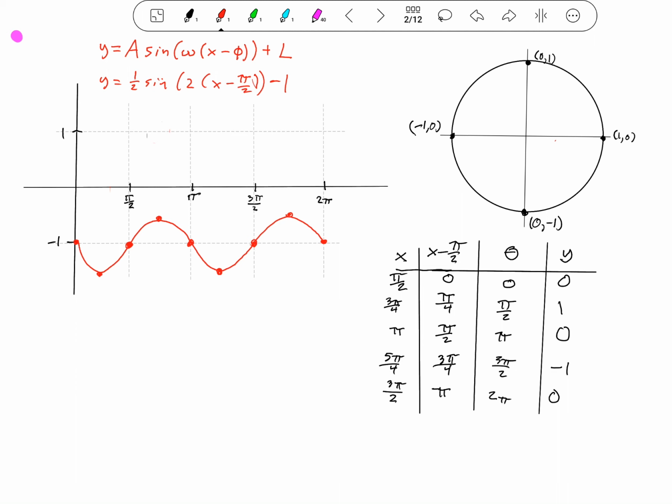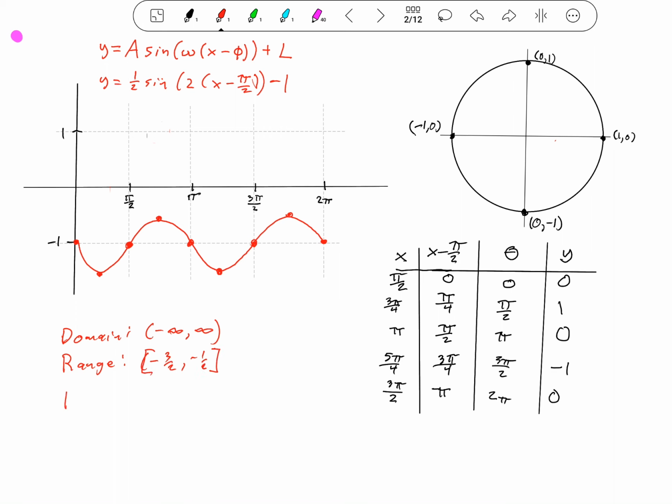And so if I look at this, my domain is still negative infinity to infinity. My range has now become negative 3/2 to negative 1/2, and that is inclusive.